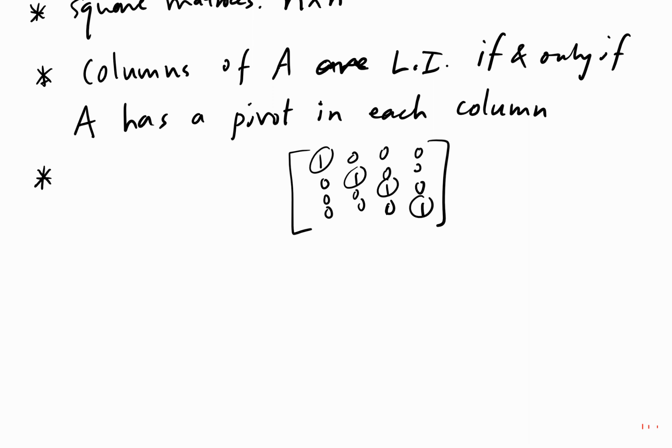Okay, so that's good that we recalled all this stuff about the columns. How about this: 2 3 1 4 8 negative 1 4 0 0 0 0 0.